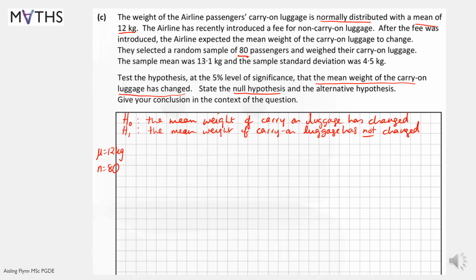We have a sample mean, x bar is 13.1 kg, and we have a standard deviation equals 4.5. Okay, so again we need to set up our confidence interval and see does our new value fall within that.